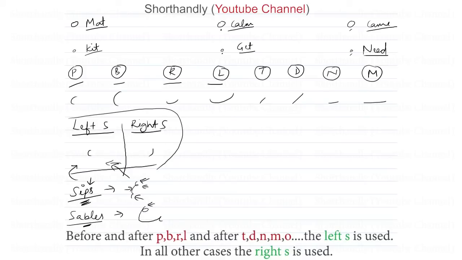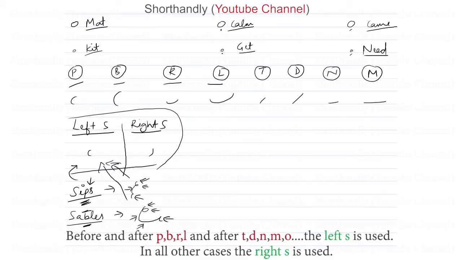First we have this left S, then we have this A vowel, because if we pronounce this word, it goes like sables, which is very similar to the A as in came. So there's a large circle which is a vowel, then we have this large curve which is a B character, then again a large curve which is the L character, then we finally have this left S. So here also we used the left S because we have this B character in this word, and in the statement also we have the B character.